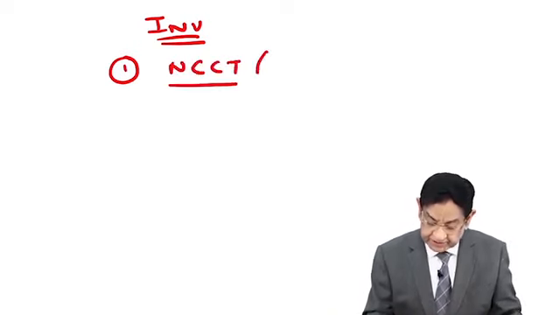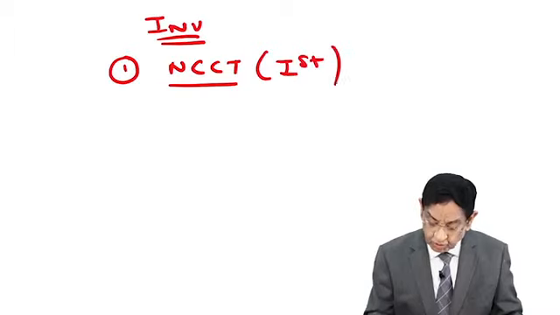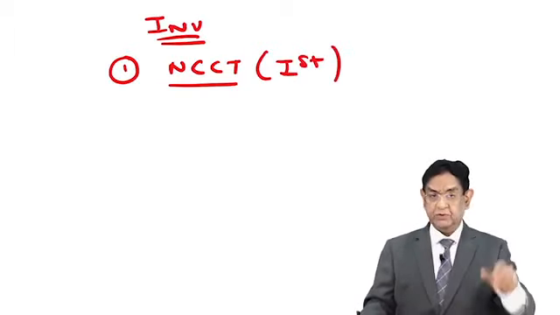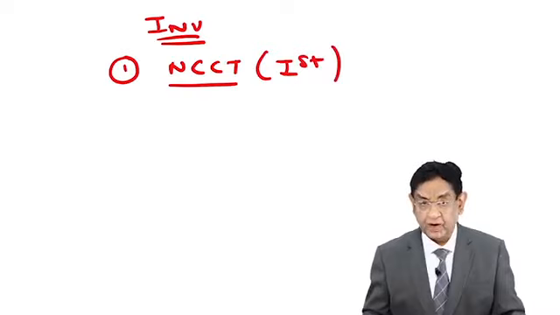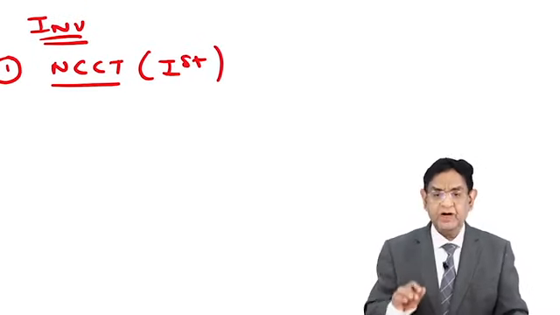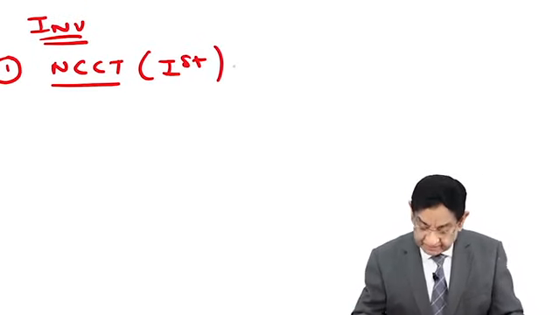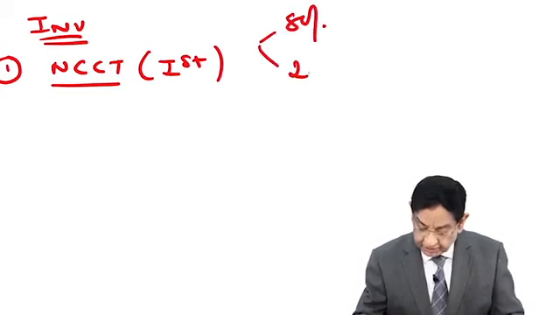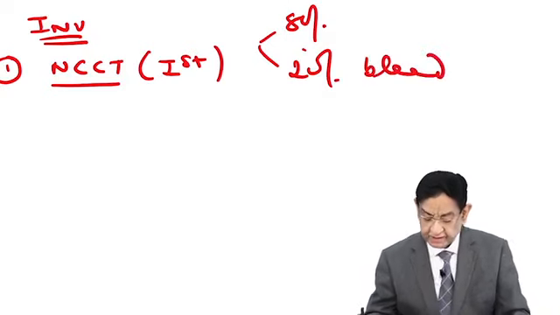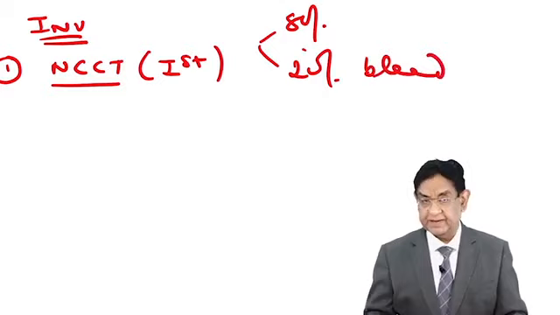It is the first thing to be done. Always learn the Guru Mantra. Why do we want CT in stroke? Let's learn the basic concept: 80% are ischemic stroke and 20% are bleeding or hemorrhage. Right? But we are going for CT scan.